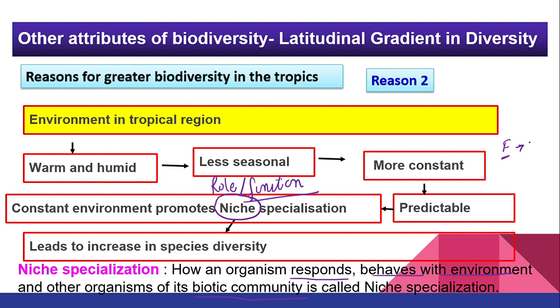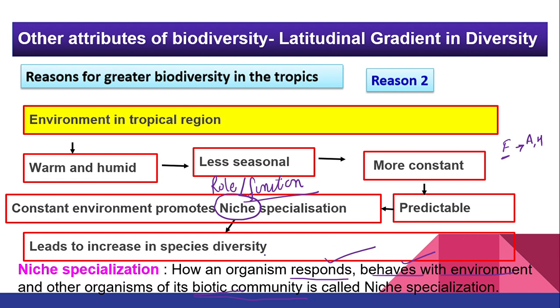Now you write in the comment box and tell me, is it going to be activation or hibernation? I've already told you, is it going to be hibernation or activation? Write it in the comment box. So our organism is going to respond and behave with the environment as well as with the other organisms of its biotic community. This we call niche specialization.